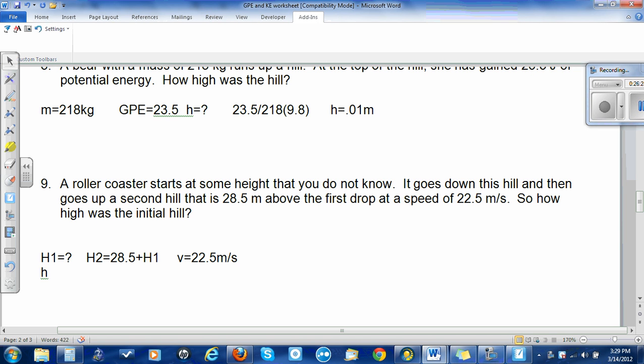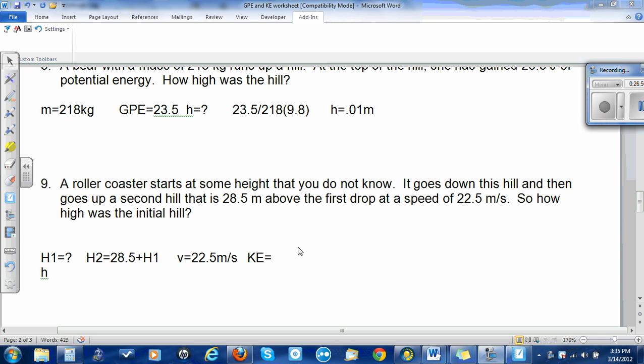So GPE equals, wait, I'm sorry. KE equals what? Okay, I was looking at this problem, and this is a little different again.